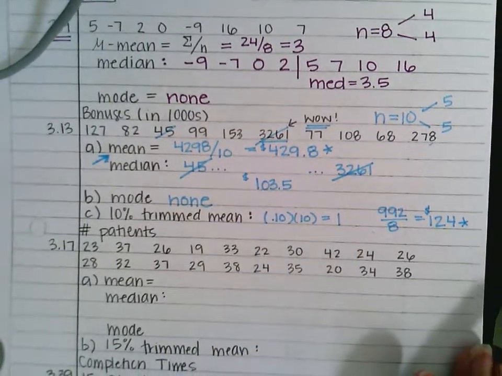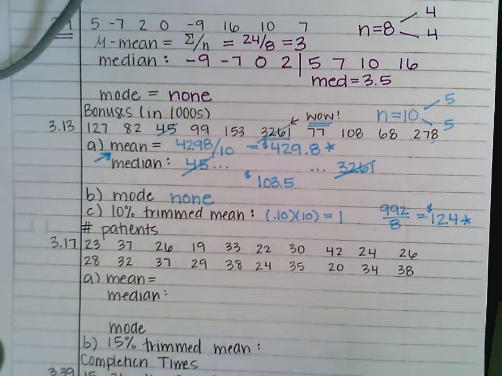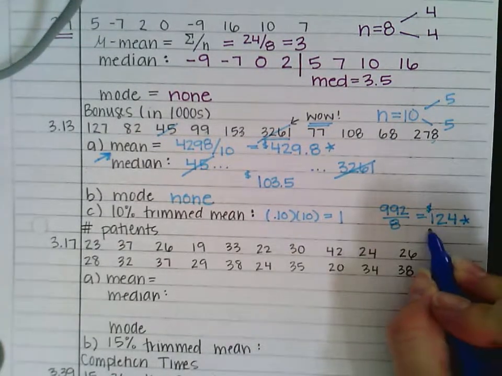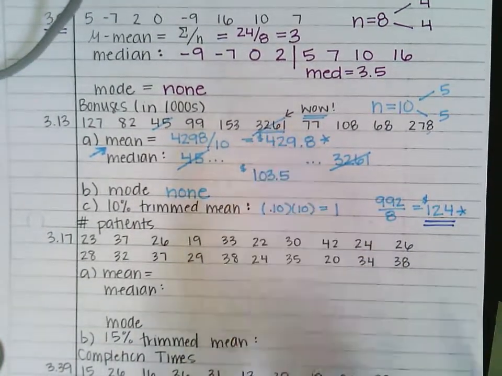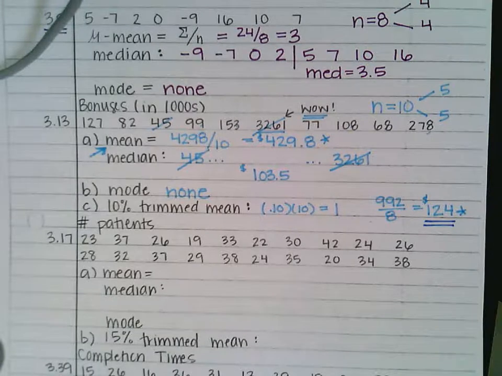And that's why the trimmed mean can help us, because it allows us to get rid of anything extreme on the ends, okay, and allows us to really zone in on what's important in the middle. And so this is probably actually a better estimate for the average number of bonuses because it doesn't include that huge value there.